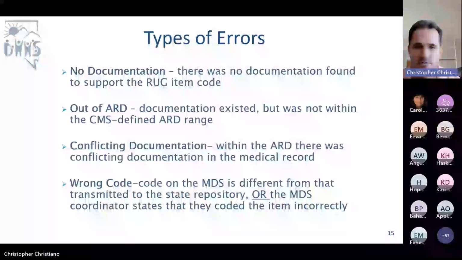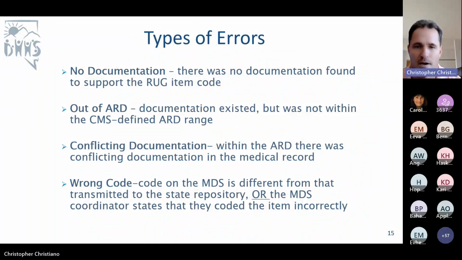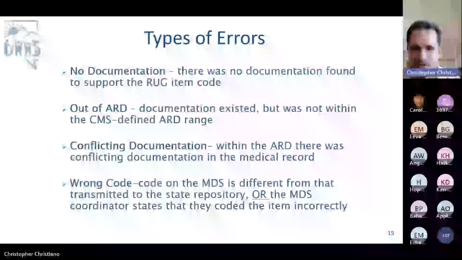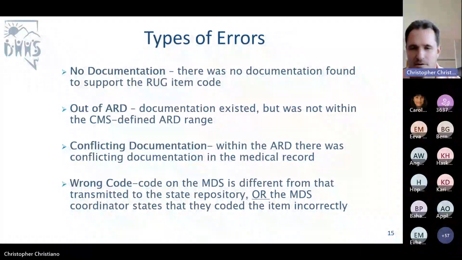Pretty straightforward with those errors. Those are typically the 4 errors that we document. And when we go over the exit meeting, we will discuss how many errors you had of each type. Okay, and we tally that up, and then we add it into the records, and then we come up with a score for you.